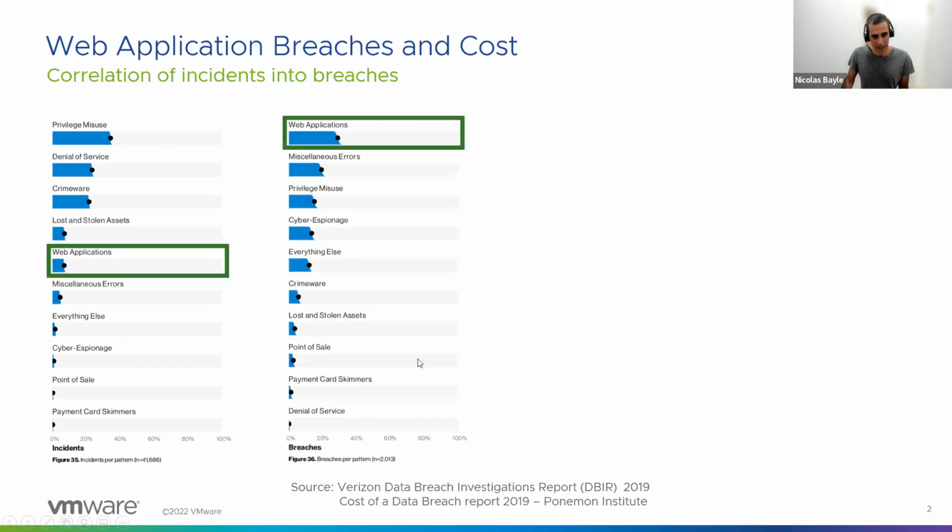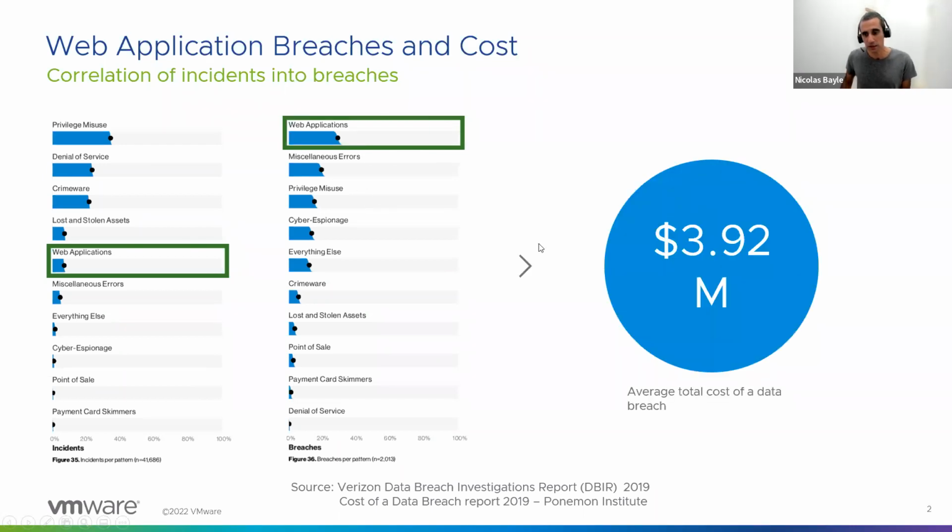But if you check here in terms of breaches, so when basically the incident is fully exploited by the attackers, you see that web application comes number 1. And you end up losing a lot of money for many reasons. But what I want to highlight here is that web applications are at risk if they are not secured properly.